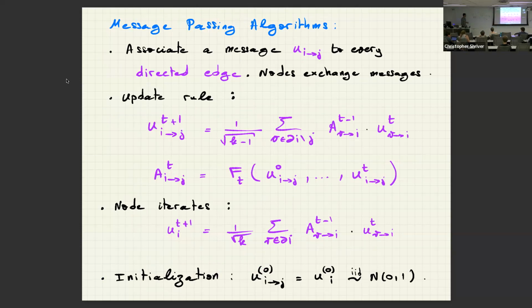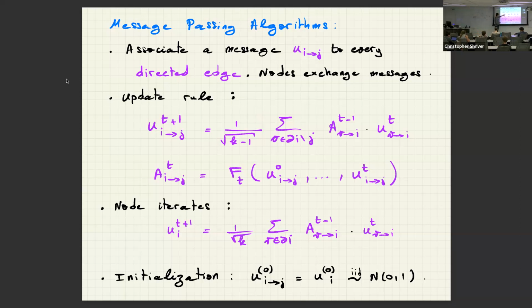So this is perhaps reminiscent of Kafita's talk a few days ago. So what are message passing algorithms? We're going to look at a graph, and we're going to put directed edges. We're going to direct the edges in both directions, so this directed graph has twice the number of edges than the original one. And we're going to make nodes exchange messages.